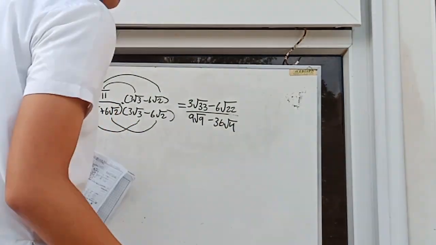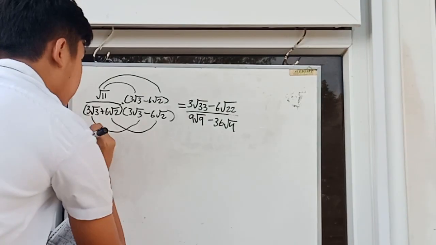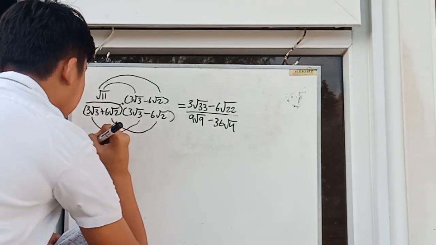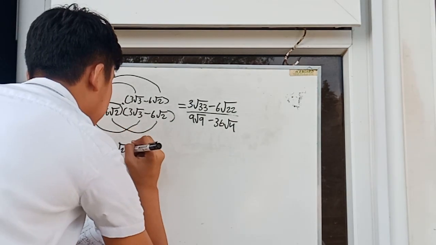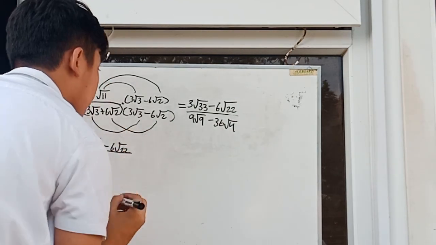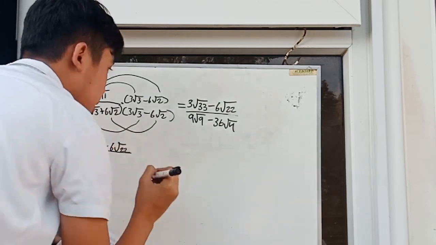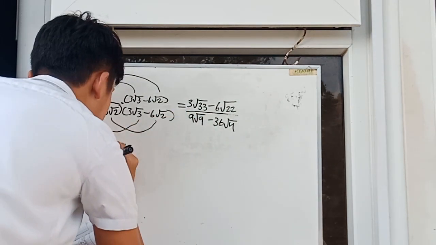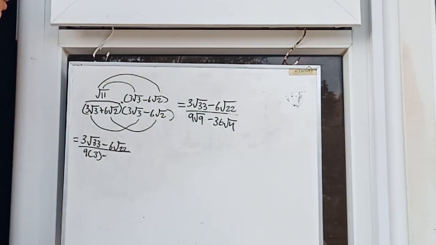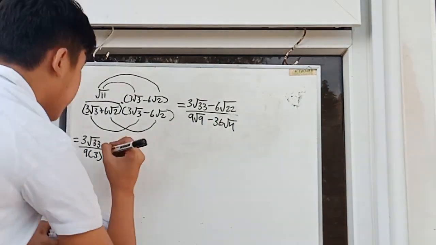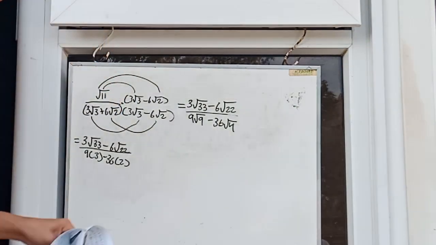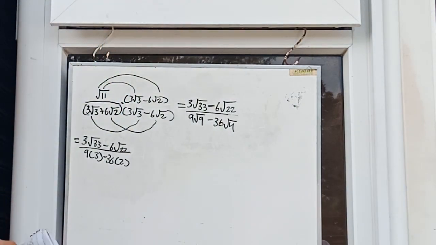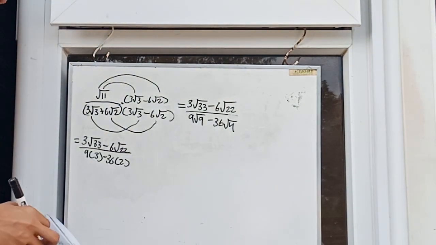So now, we simplify this. So let's just move it over here. 3 square root of 33 minus 6 square root of 22 over 9 times 3, because square root of 9 is 3, and minus 36 times 2, because the square root of 4 is 2. Now, 9 times 3 is 27.